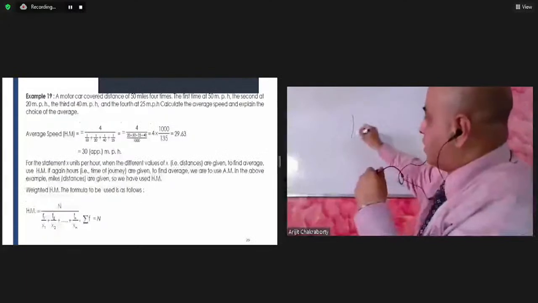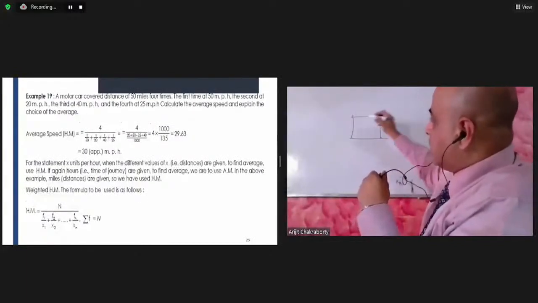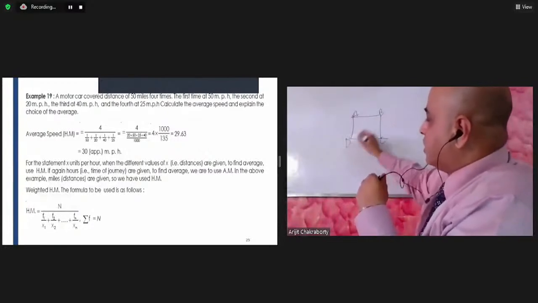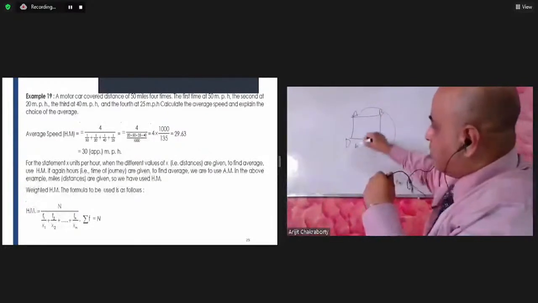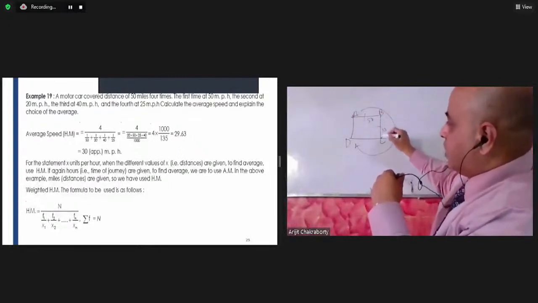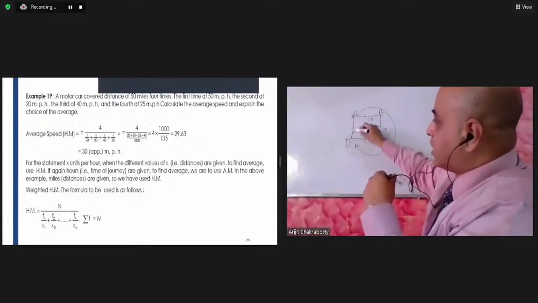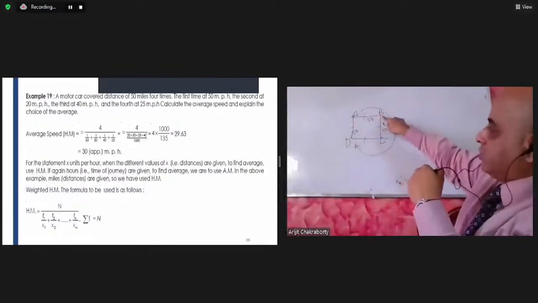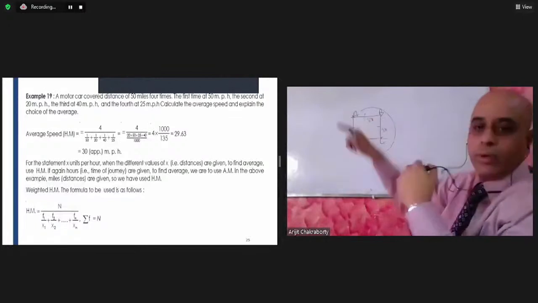The car is traveling like a square, A to B, B to C, C to D, and back to A. So this is 50 miles, this is also 50 miles, CD is 50, DA is 50, like a square. The arrow is like this, A to B, B to C, C to D, D to A.